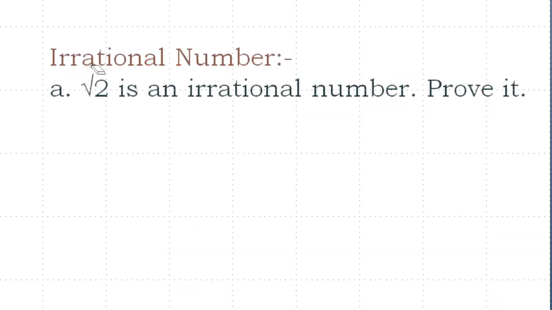First the irrational number. So, irrational number क्या है? Irrational number is that number which value is not easily calculated, which doesn't have a fixed value.